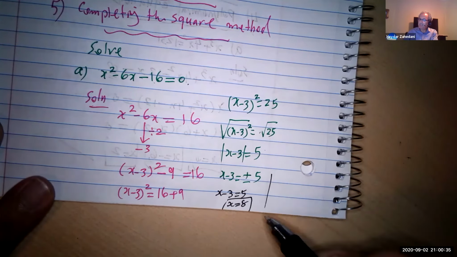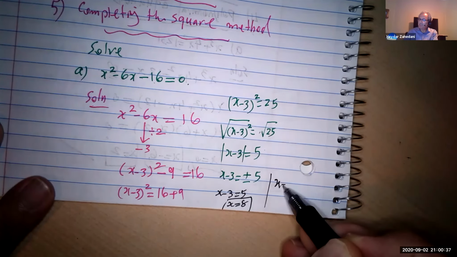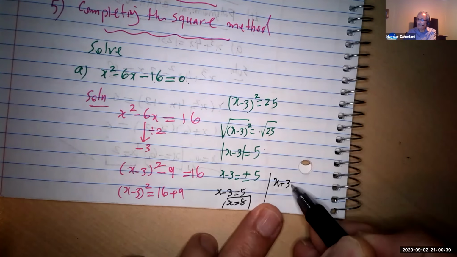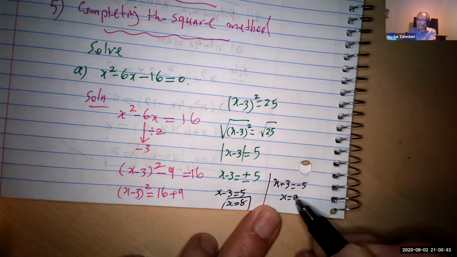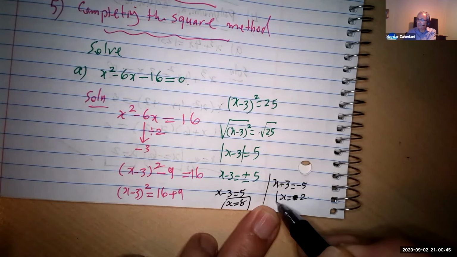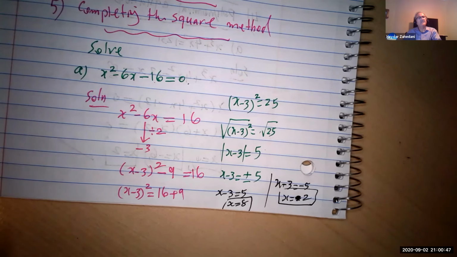But there is another case: x minus 3 equal to negative 5. That gives x equal to negative 2. So you have two solutions, negative 2 and 8, using the completing the square method.